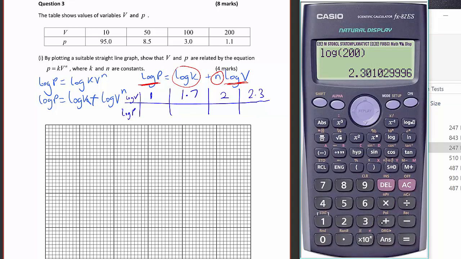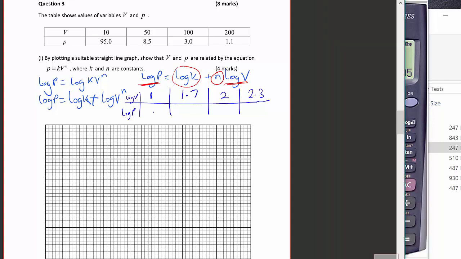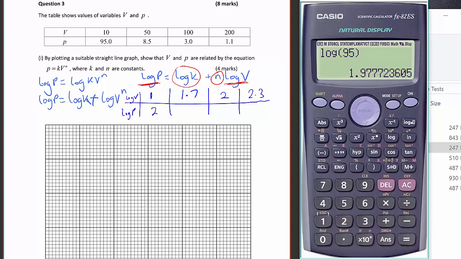So we'll start with log of 95. Let's just call that 2. And log of 8.5. Let's call that 0.9.